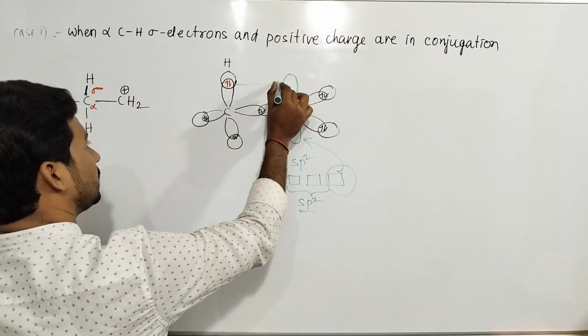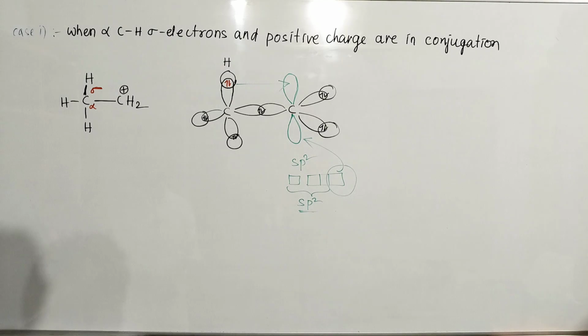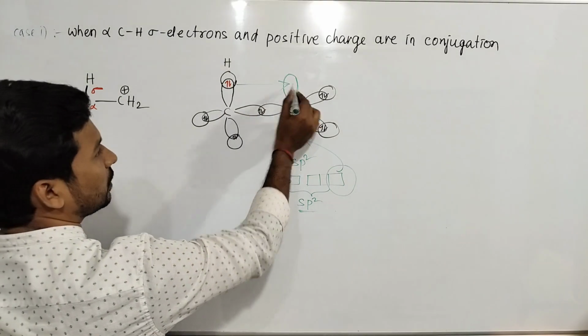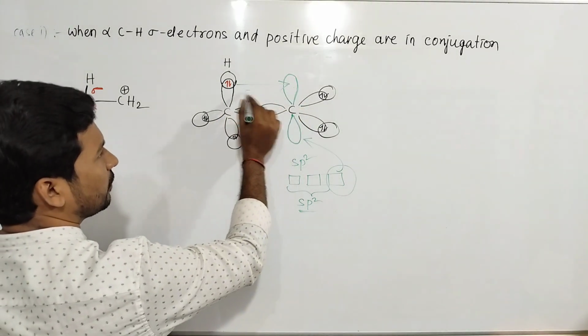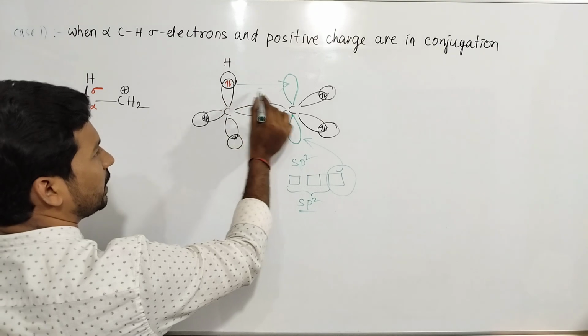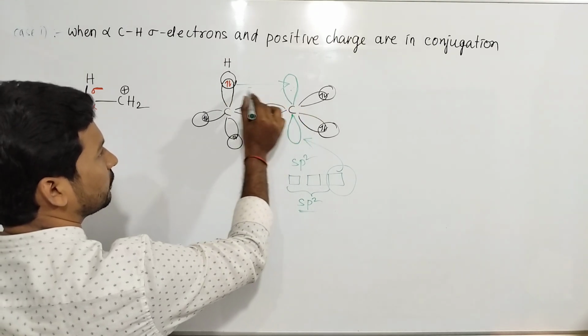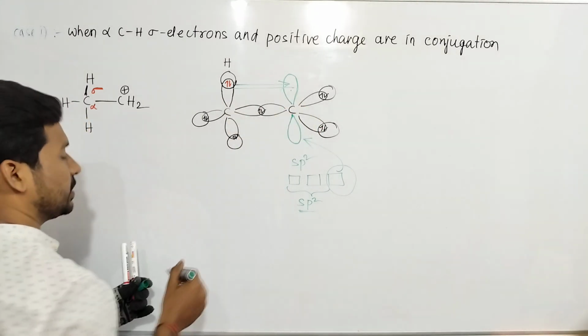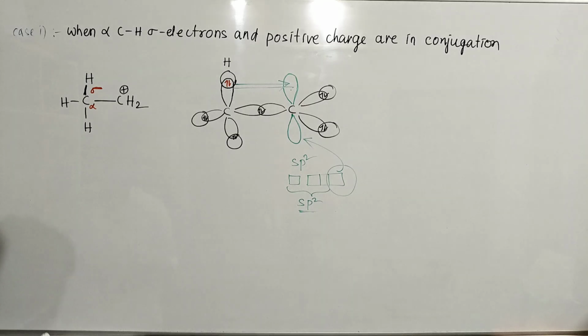Now there is a shift of these 2 electrons towards that. Here the formation of this orbital completely overlaps with the vacant orbital of this one, leading to pi bond formation. Then what does it give?